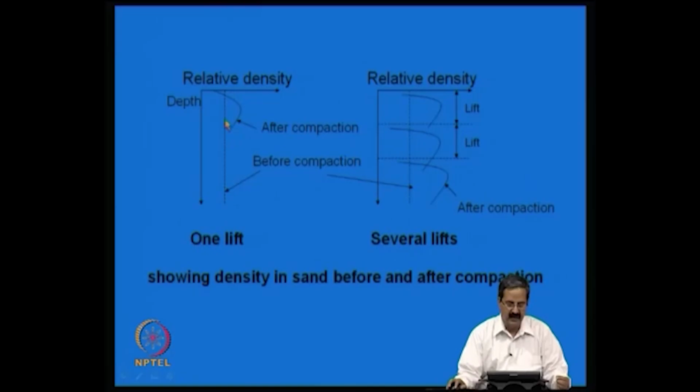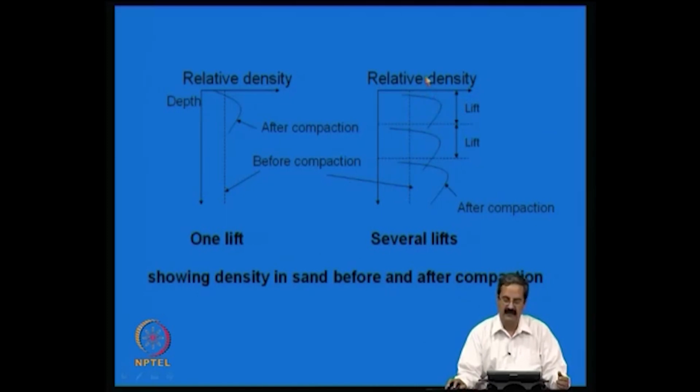So, one must be able to specify a number over which the density is more or less the same, and that has a specific thickness, the depth. It is very important to specify that depth also. The objective here is that the density has to be the same everywhere.